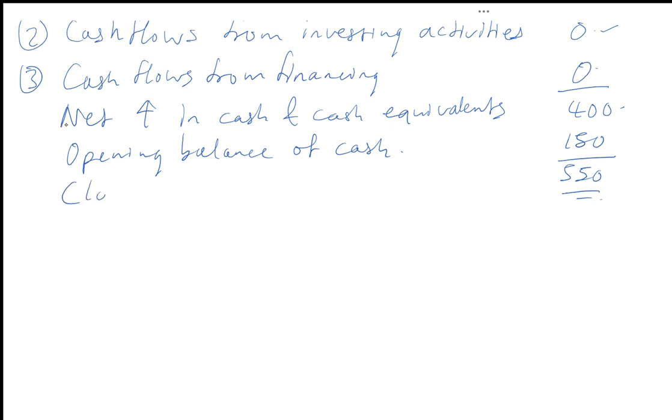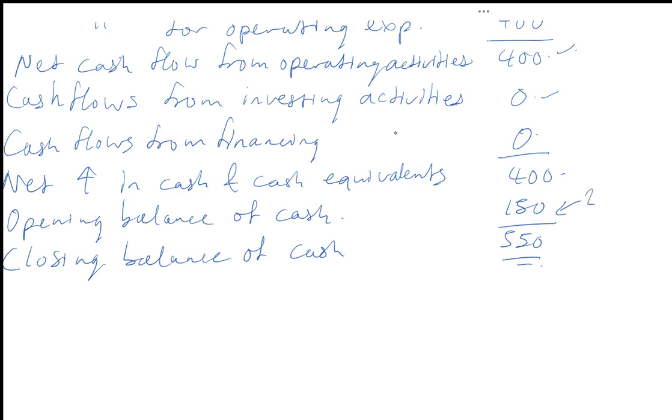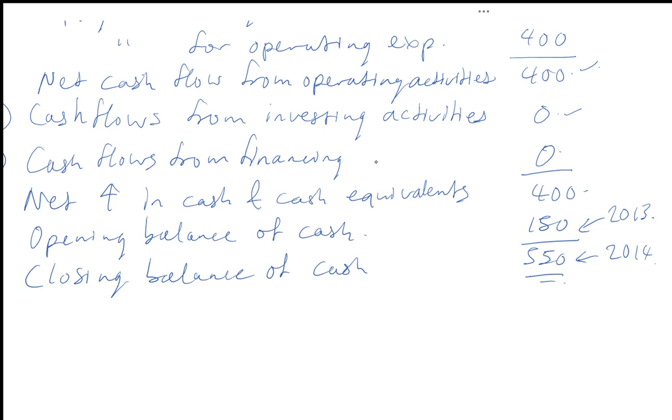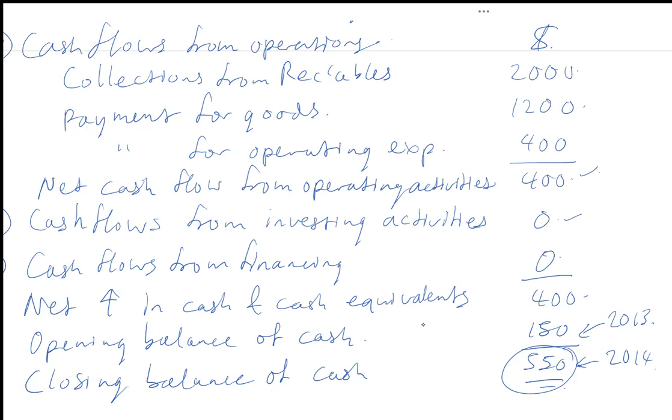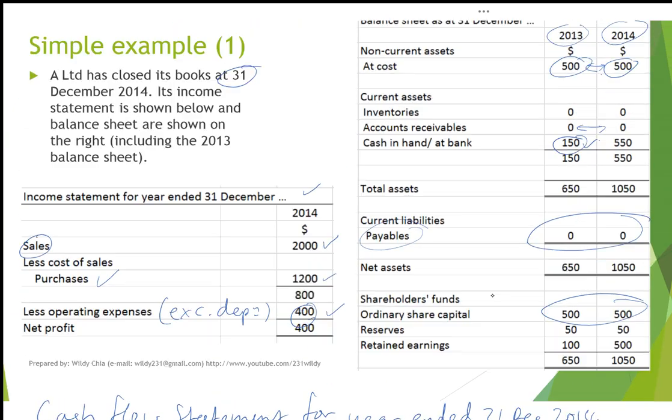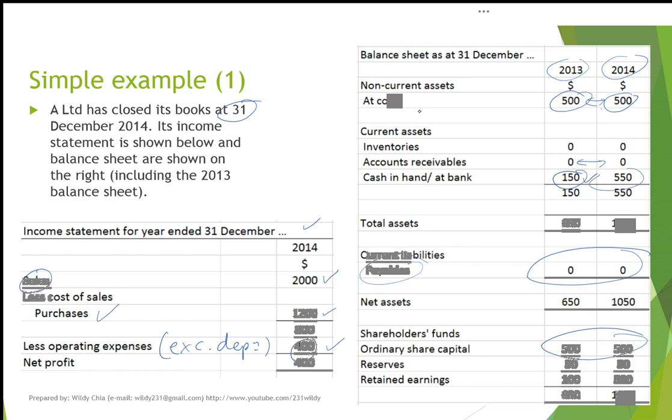So 550 should be the closing balance of cash. Now this number 150 comes from 2013, 550 comes from the number in 2014. Now how will we know if this is correct? Simple. Let's go back and verify. In 2014, the number is indeed 550.